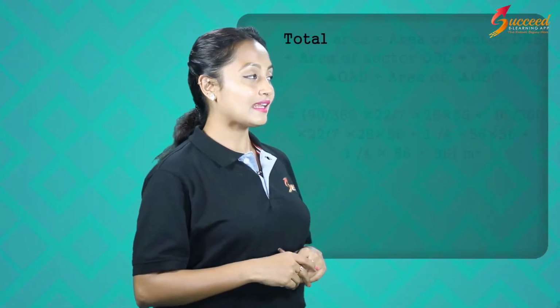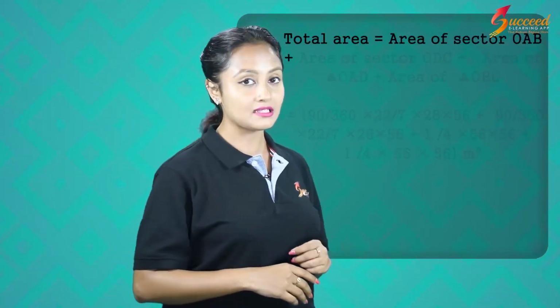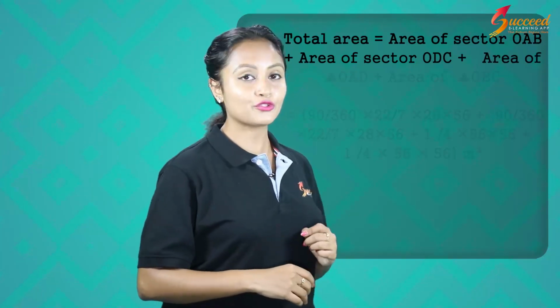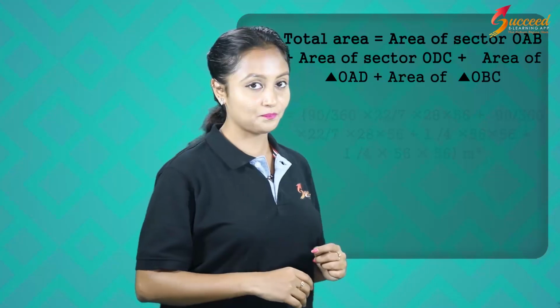Moving on to the solution. Total area is equal to area of sector OAB plus area of sector ODC plus area of triangle OAD plus area of triangle OBC.